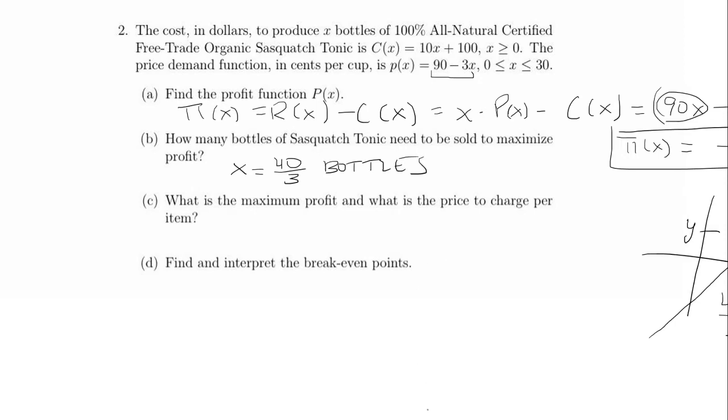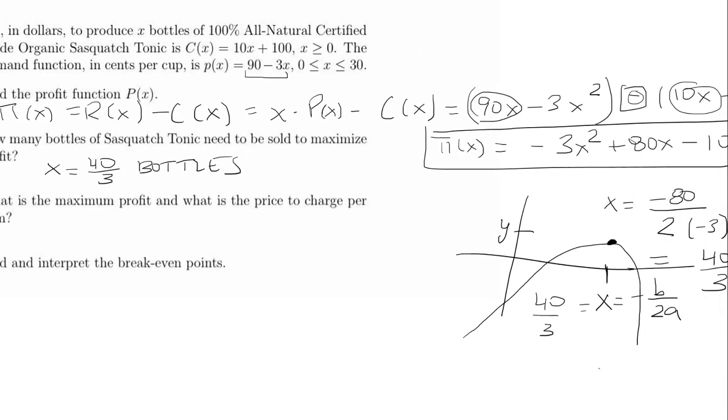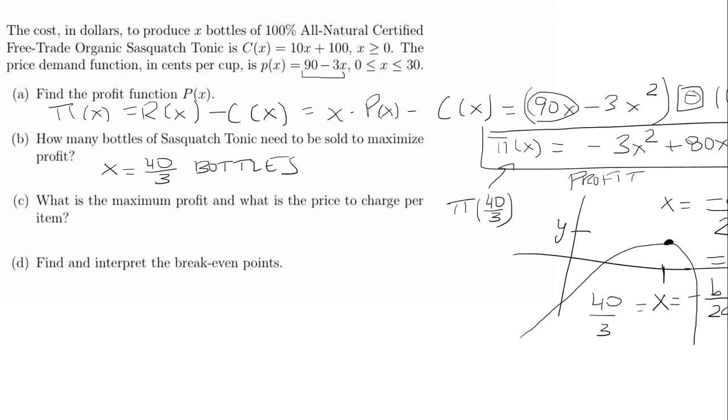What is the maximum profit and what is the price to charge per item? Well, the maximum profit is the y value, right? So this is the profit graph. We need to plug in to this equation the maximum number of bottles that need to be sold, and when we do that, we get 1300 over 3.